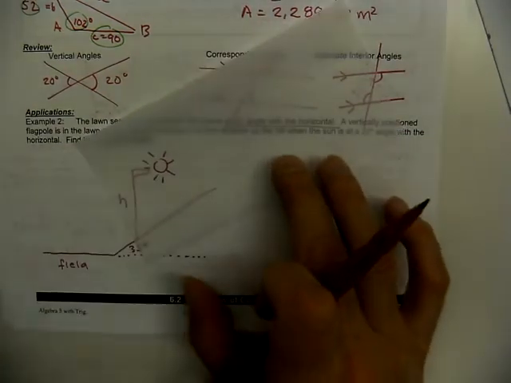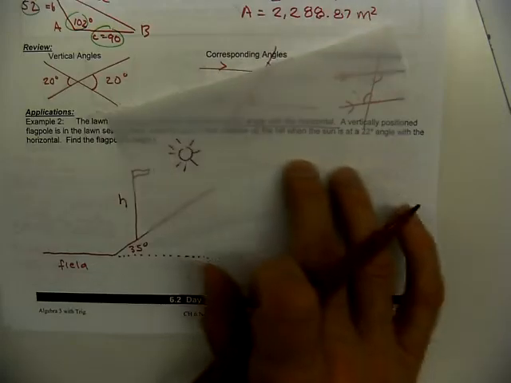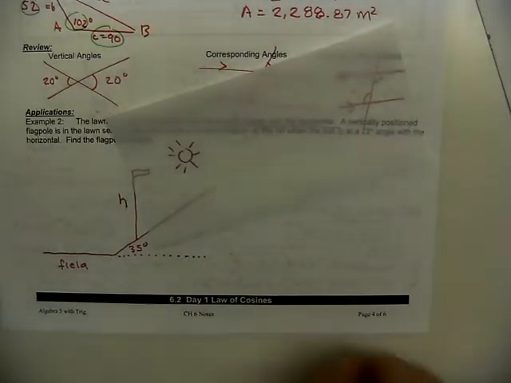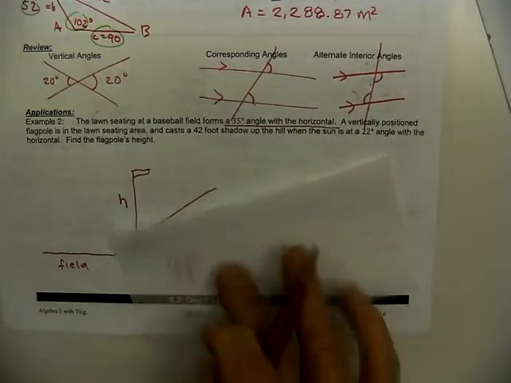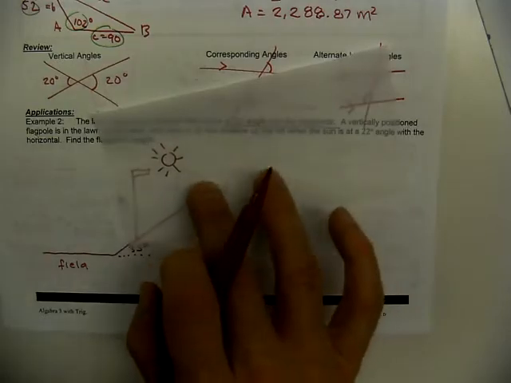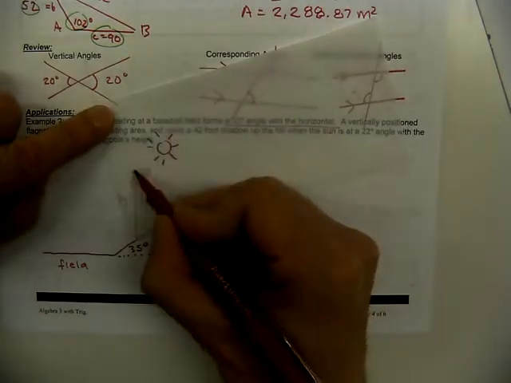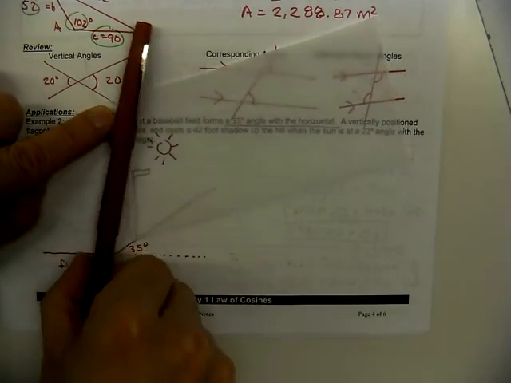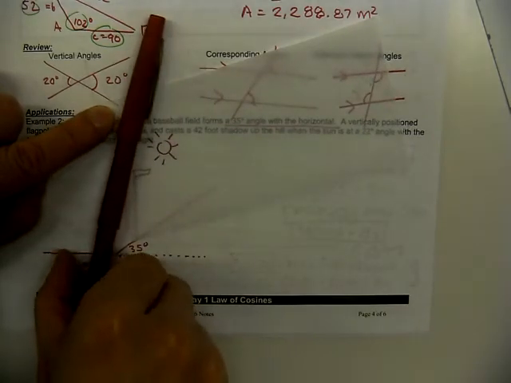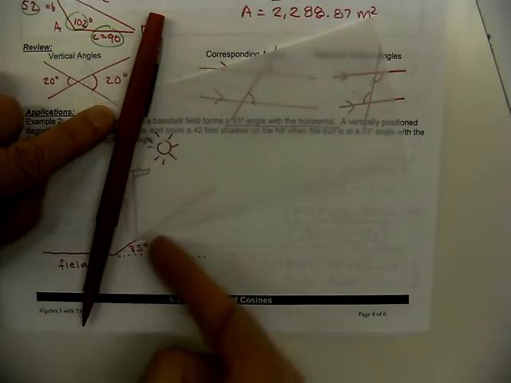So here's my sun. I'm putting that on tracing paper. We can move it around so we can figure out where the shadow is going to get cast. If I put the sun here on the right side of the flagpole, then that means its beam of light would hit the top of the flagpole and it would cast its shadow on the left side down the hill.